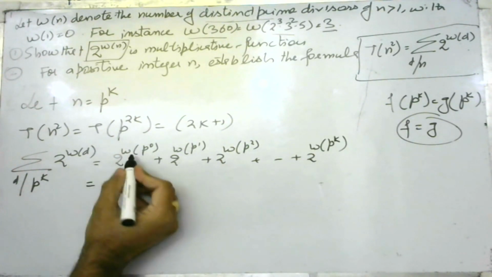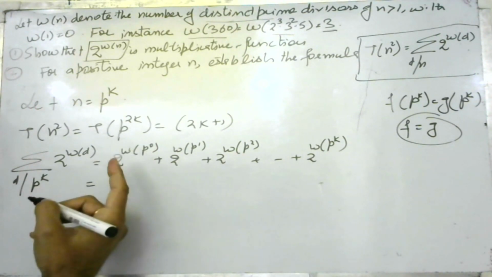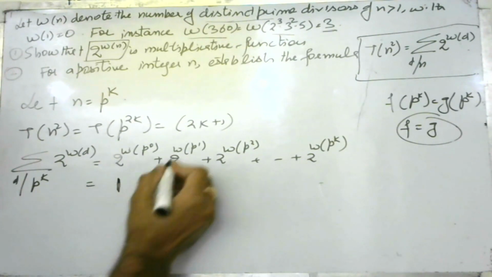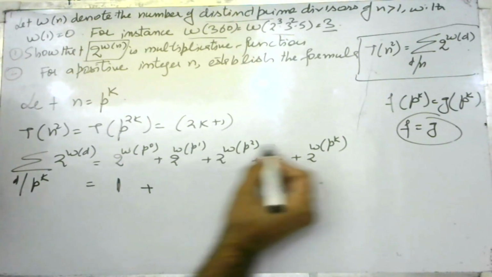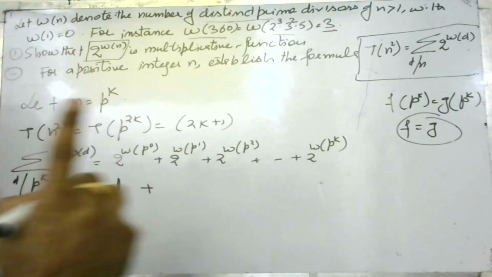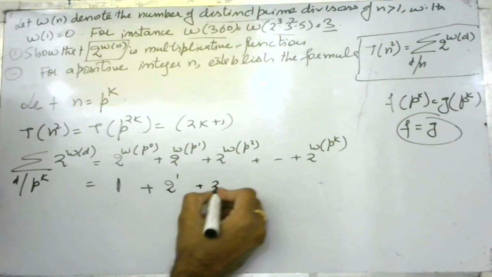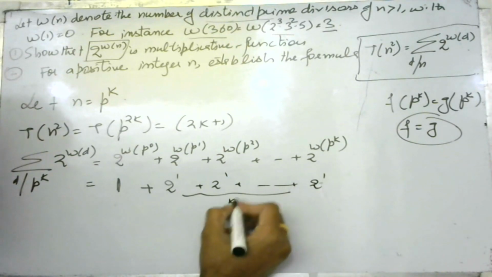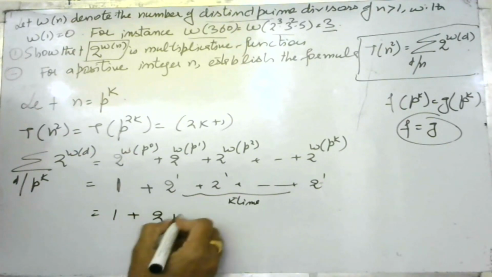And here you see this is w(1). So how many prime divisors? Nothing is there. So this is 2 power 0, that is 1. Plus, and here how many distinct primes? One. In every product there is only one distinct prime, that is p. So it is 2 power 1, 2 power 1, 2 power 1, and how many times? k times. So it is 1 plus 2k.